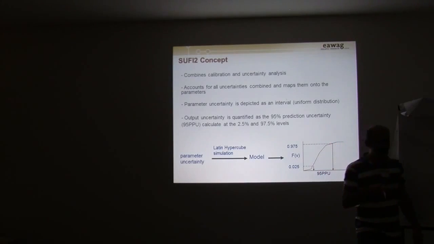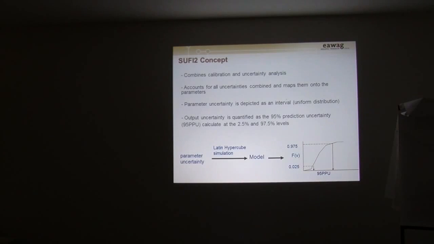And you decide how many simulations you want to make. Say you want to make 4 simulations, for example. Then you divide each of these into 4 equal intervals. So this is 1, 2, 3, 4, and 1, 2, 3, 4, and 1, 2, 3, 4.